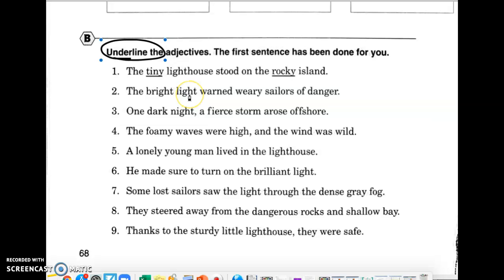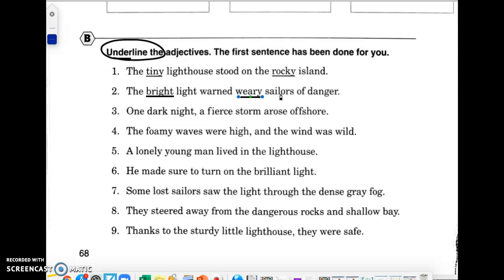Do I have an adjective describing light? I do. Bright describes the kind of light it is. Warned is my verb. Weary sailors. Oh, sailors I know is a noun because it's people. Okay, so do I have anything that's describing sailors? Weary describes sailors. Weary is my adjective that helps to describe sailors.